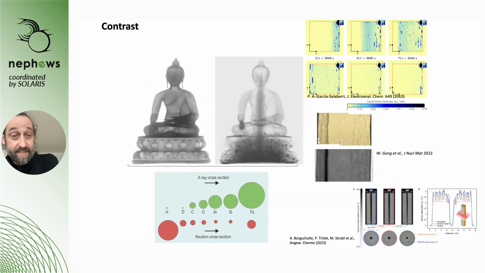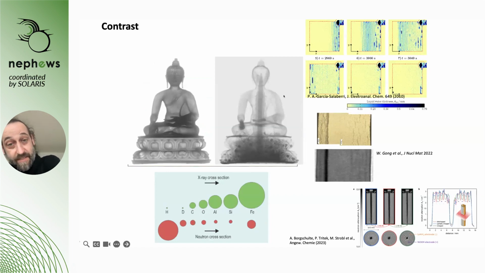And here you see a nice example in cultural heritage study between X-rays and neutrons. Here you have a Buddha statue, which is made of metal, and then the X-rays can partially penetrate, and you see through, but you do not see all the organic material inside, which contains a lot of hydrogen.